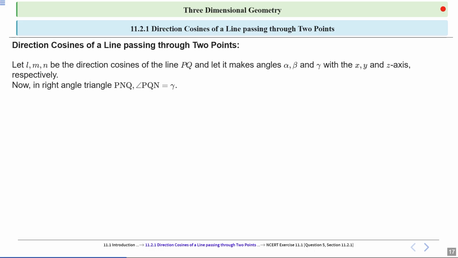Now let's look at the geometry. In the right angle triangle PNQ, the angle PQN is gamma, which is the angle between the line and the z-axis. So look at this diagram.